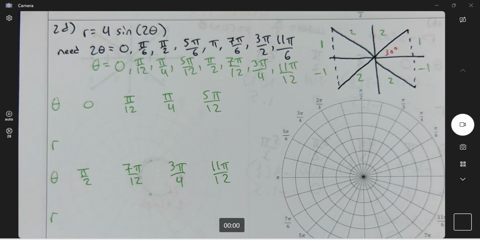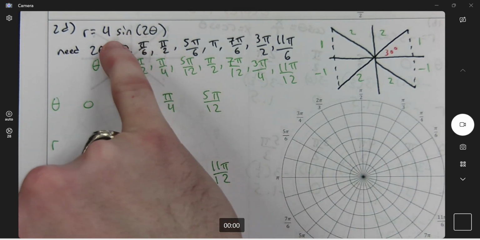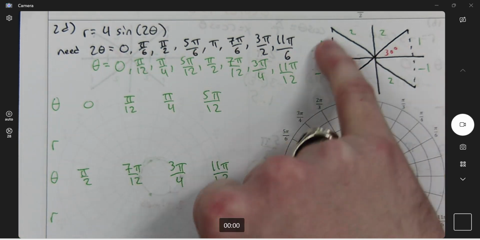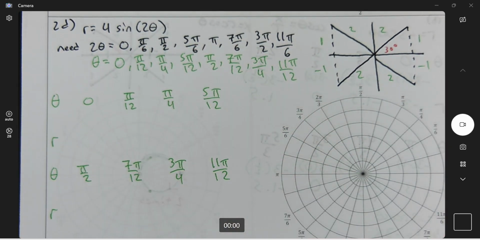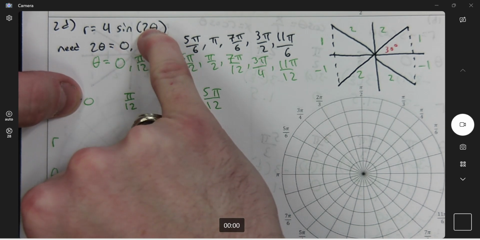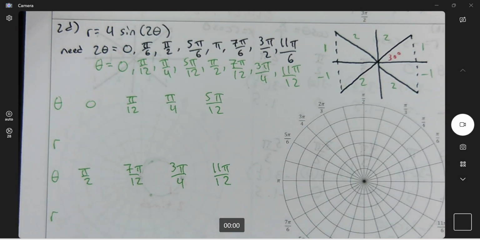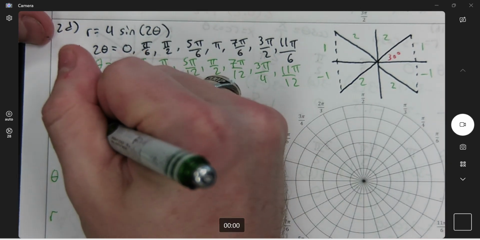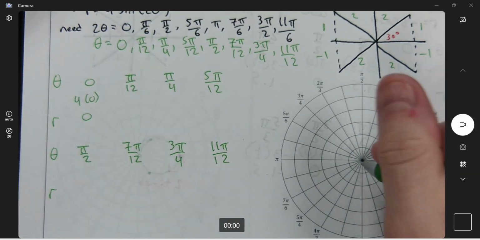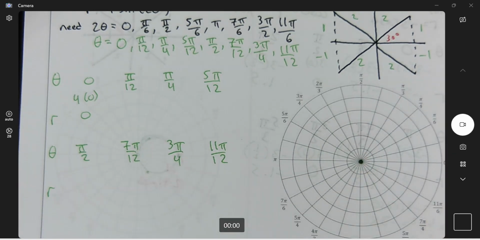Remember what we're doing. We're forcing this equation to evaluate at these places, which are these places. So when theta is 0, we're evaluating at sine of 0. Sine of 0 is 0. This gives me 4 times 0. Oh, I'm starting at 0, 0, starting on the pole.